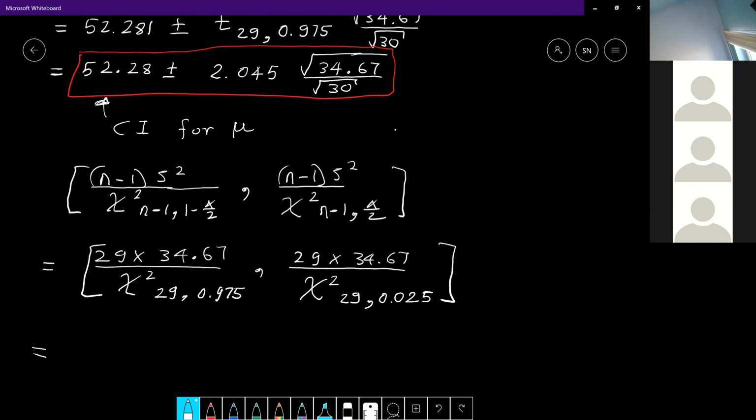If you read it off the table, this is what you get: 29 multiplied by 34.67 divided by 45.722.